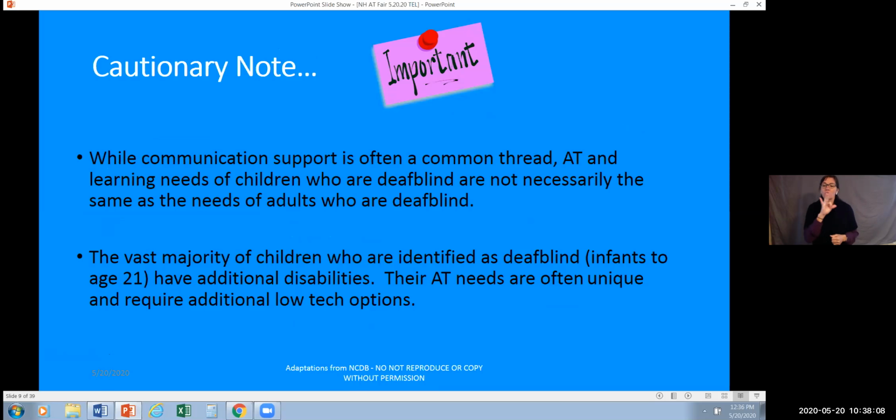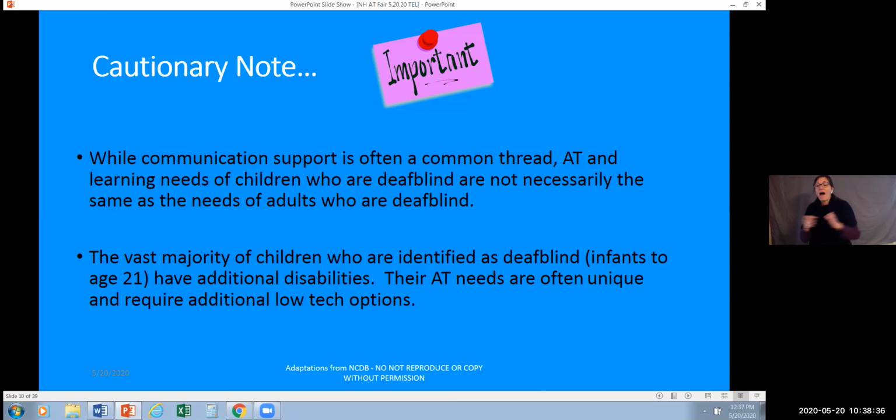So this is just a cautionary note. I find this a lot when I meet with various teams of various agencies and we talk about deafblindness. The communication needs or communication supports are often a common thread when we talk about children and adults. But when it comes to assistive technology, the learning needs of children who are deafblind are not necessarily the same as the needs of adults who are deafblind.